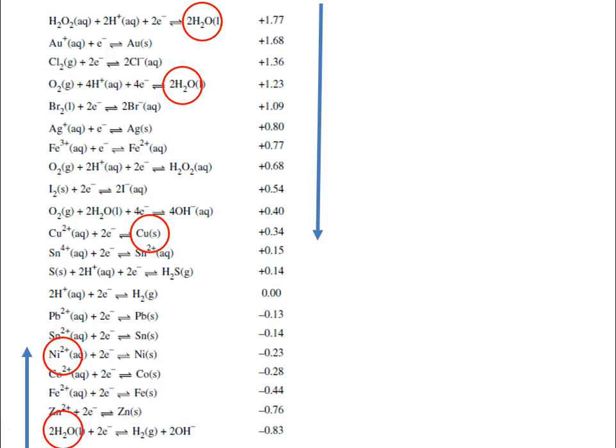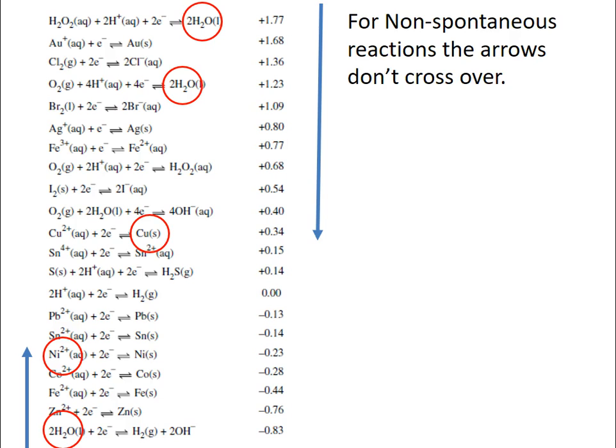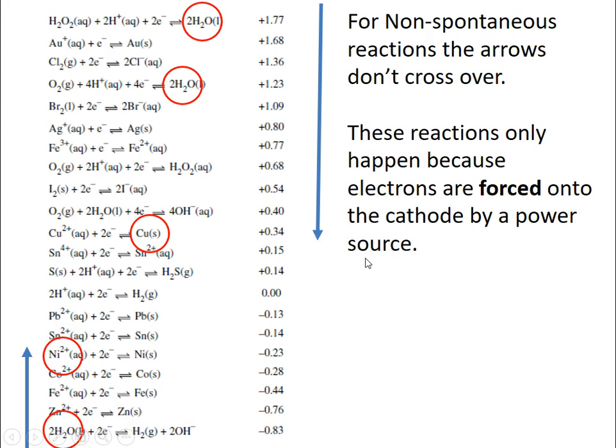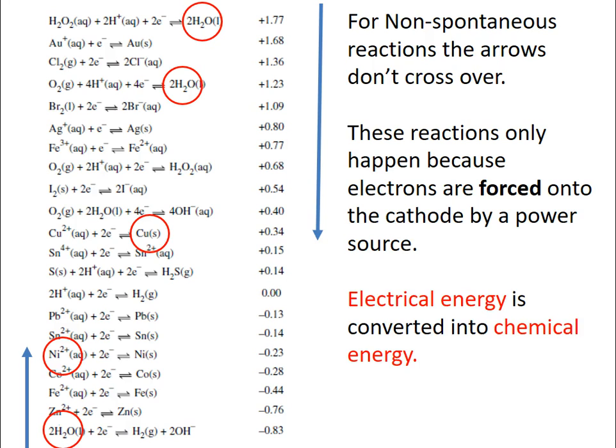Alright, so for electrolytic reactions, for non-spontaneous things that you have to force to happen, you notice that if we drew arrows all the way down till we get to the one that's reacting, and all the way up to the strongest reducing agent and the strongest oxidizing agent, the arrows don't cross over. So that's one way of noticing that it's an electrolytic reaction, doesn't happen spontaneously.